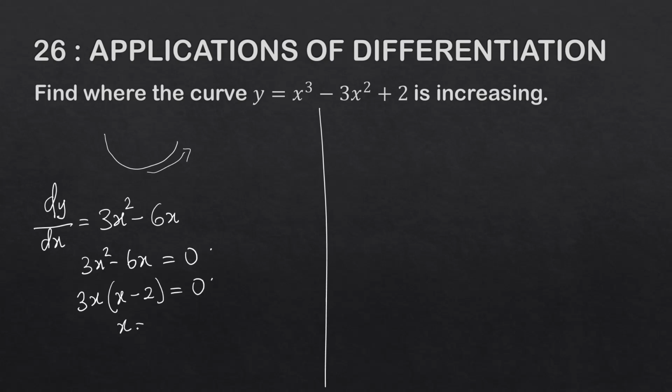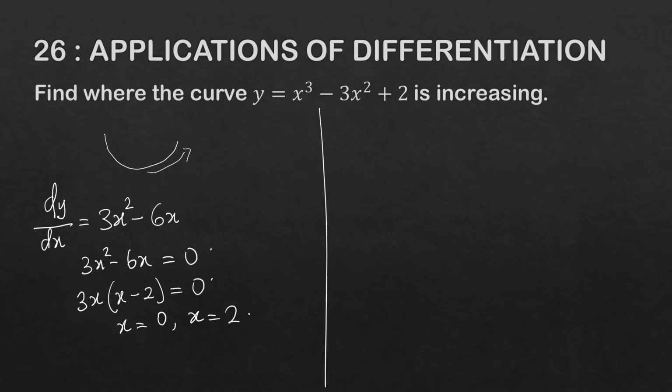That means that x is going to be 0 and x is going to be 2. So these are these points. And since x is greater than 2, okay, so what I will do now is, I've gotten the value of x.